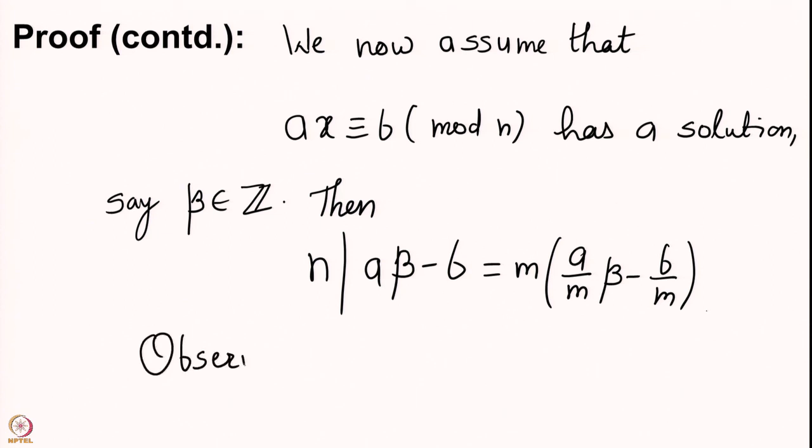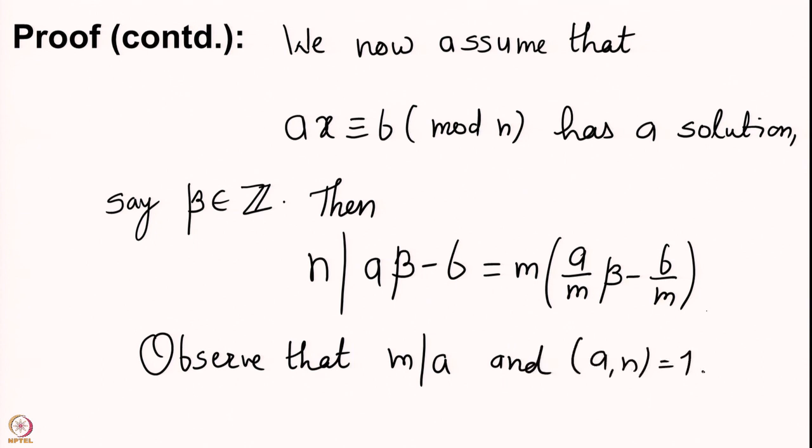So, observe that M divides A and A comma n is 1, which means that there is not a single prime which divides both A and n. The greatest common divisor of A and n is 1.